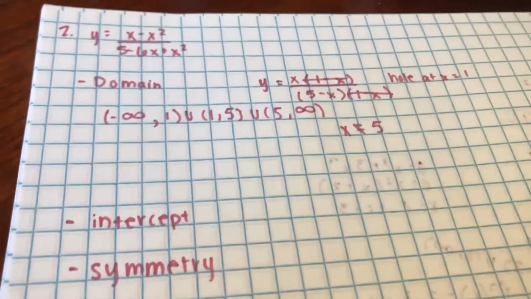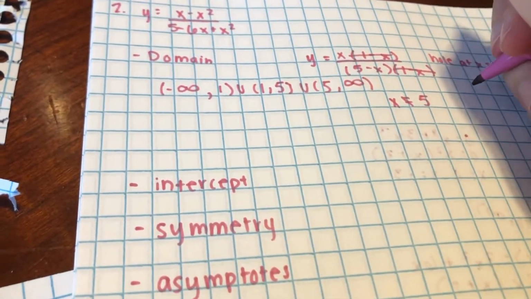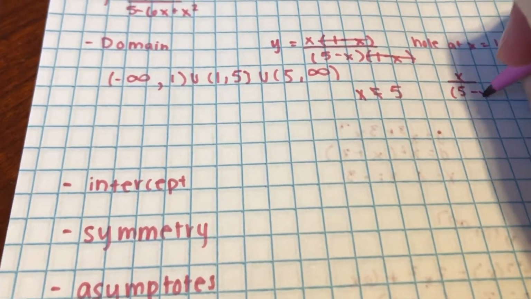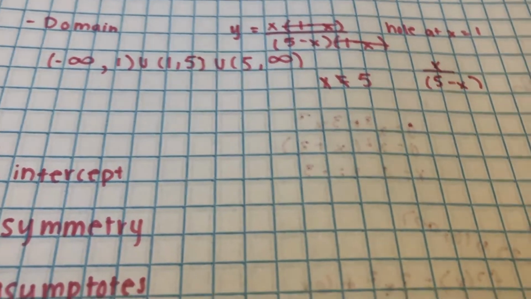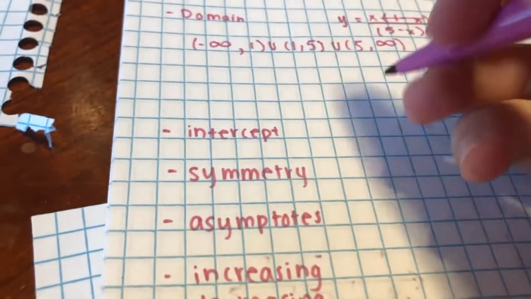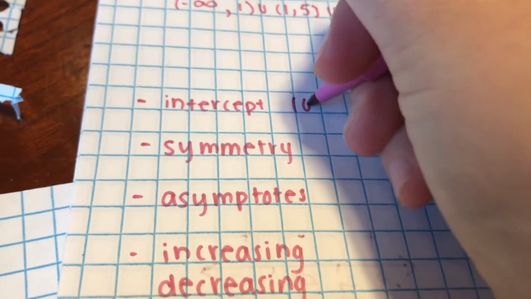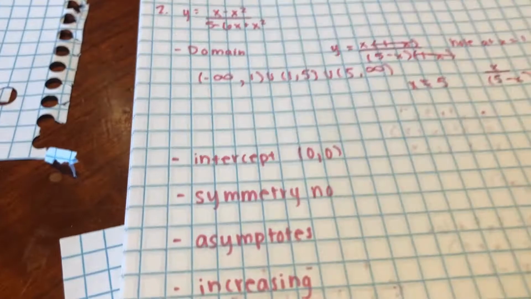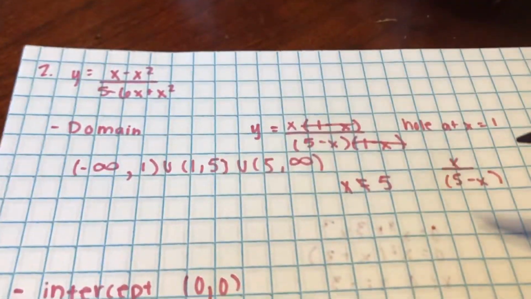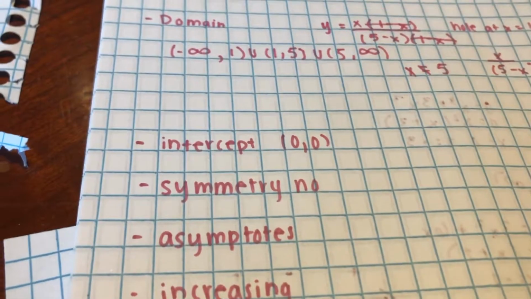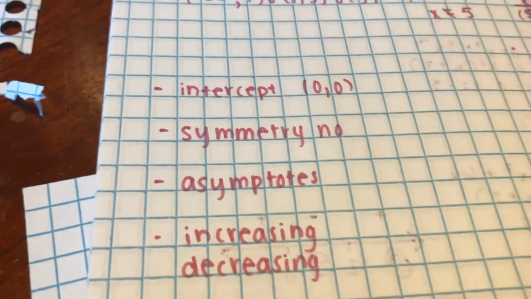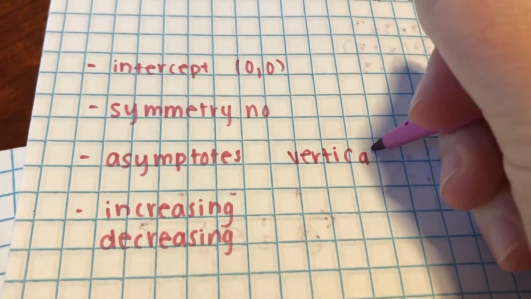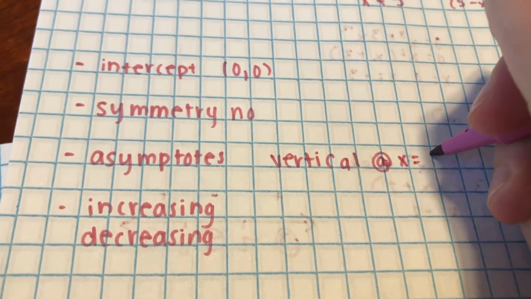For the intercept, this is easy. When those two cancel out, we get x over (5 minus x). If we set this equal to 0, we get that our x and y intercepts are both 0, so we have an intercept at (0, 0). We have no symmetry. For our asymptotes, since when we plug in 5 the denominator becomes 0, we have a vertical asymptote at x equals 5.